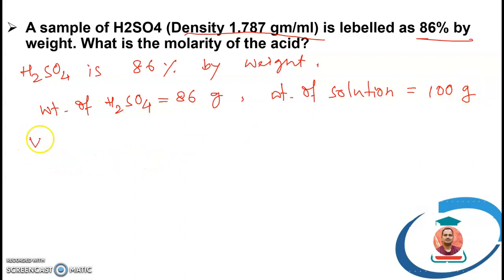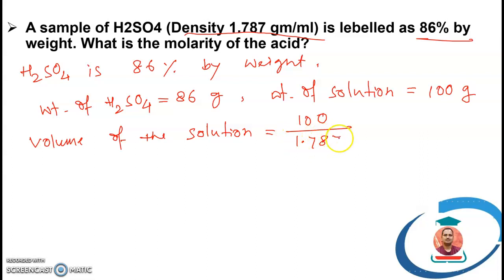So what is the volume of the solution? The volume of the solution is 100 divided by its density, 1.787 g/ml. We convert this into liters, so 100 by 1.787 into 1000.